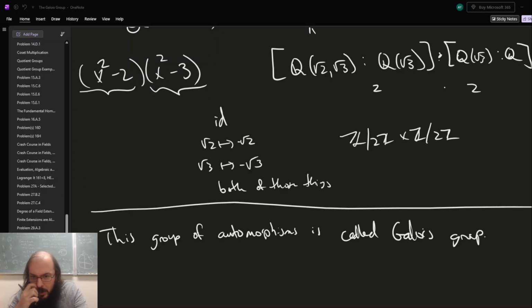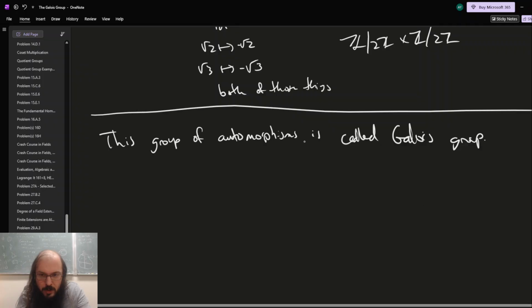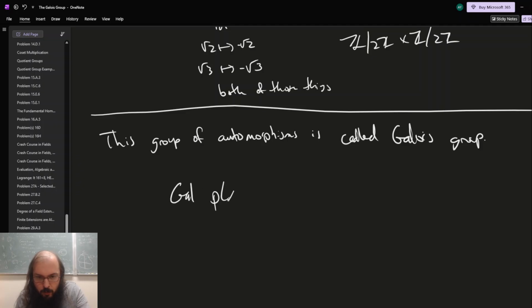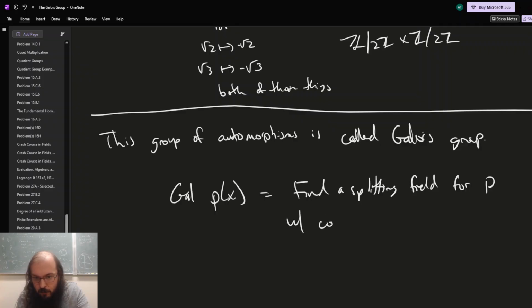And we can talk about the Galois group of a specific polynomial, right? If you're speaking of a polynomial, the Galois group of a polynomial p of x will mean the following procedure. Find a splitting field for p with coefficients in whatever p's coefficients are, right?